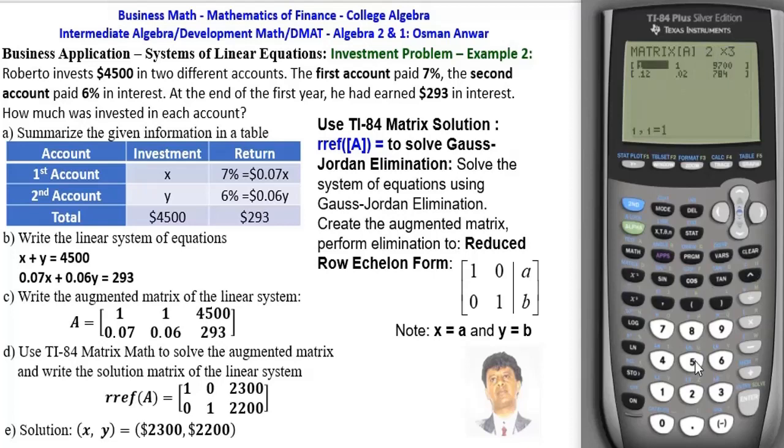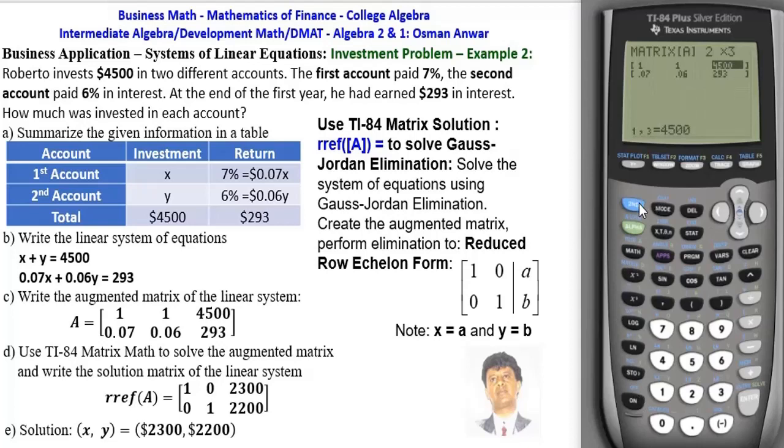So the x values are 1, 0.07, and the y values are 1, 0.06, augmented with 4,500 and 293.